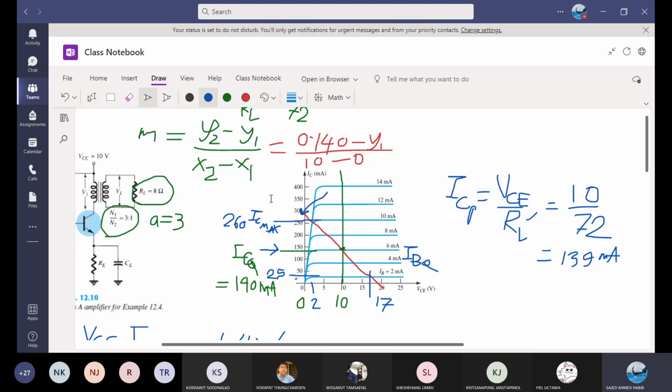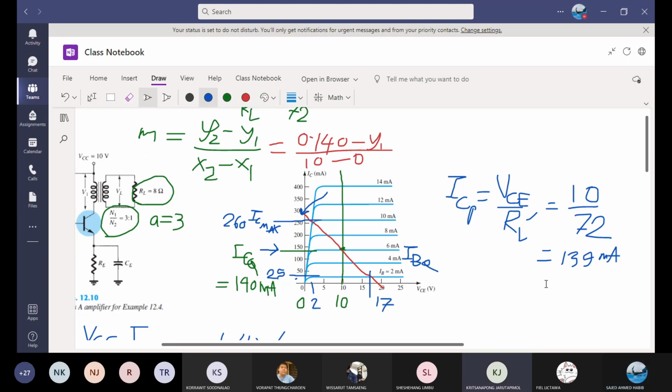Any questions about this one? Are there any questions? This is one of the hardest example problems in the entire course. So if you are frightened to see this, I will not blame you.